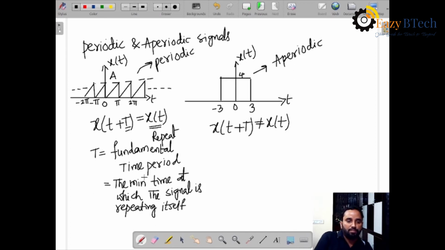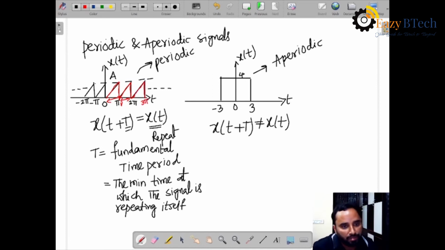If you go to our example, this is the sawtooth signal. So 0 to pi. Again from pi onwards, the same signal is repeating. Again pi means 2 pi. The same signal is repeating.